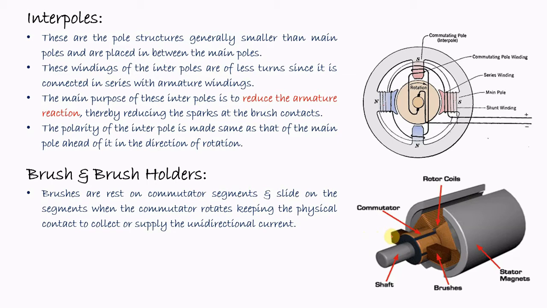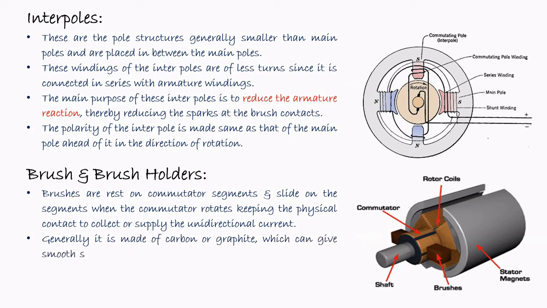And this current will be supplied to the external load, or the current will flow through the rotor, through these brushes. So brushes are fixed in their position. They are not rotating, but they are in contact with the commutator. So when the entire rotor is rotating, the brush will be fixed in its position and it will maintain the supply between the external static circuit and the rotor of the machine.